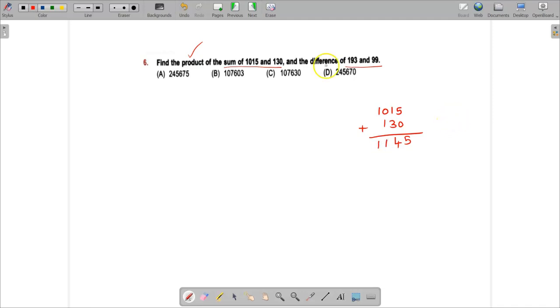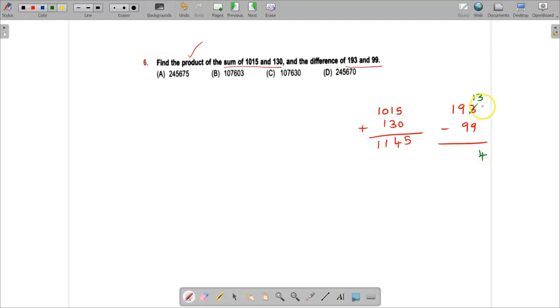And then we need to find the difference. Difference means subtraction. So we need to subtract 99 from 193. Here it is 3, and 9 cannot be subtracted from 3. So take 1 as borrow, and 3 becomes 13. 13 minus 9 is 4.